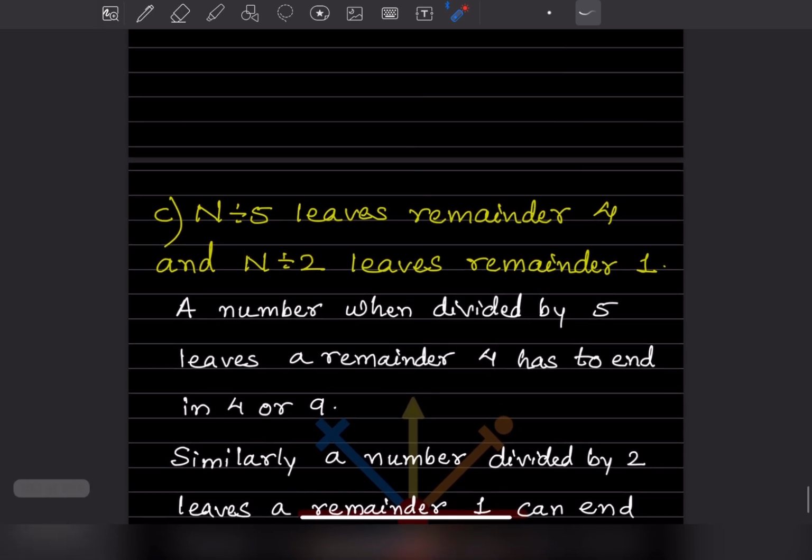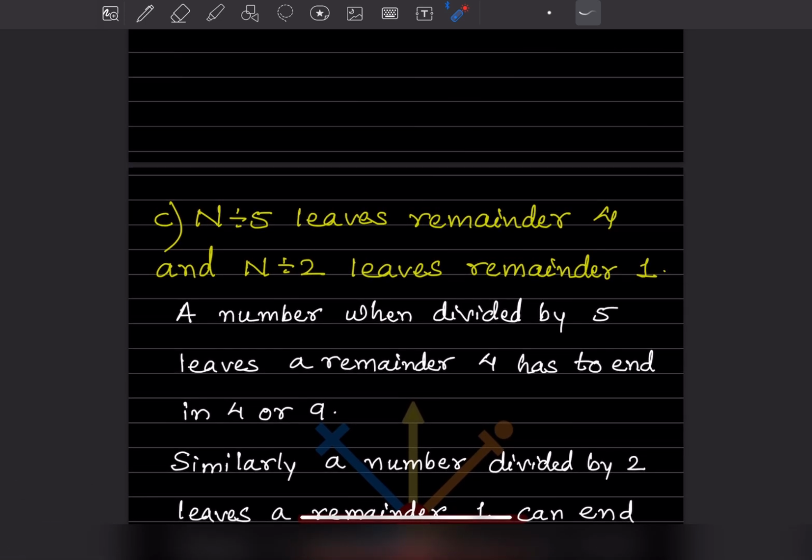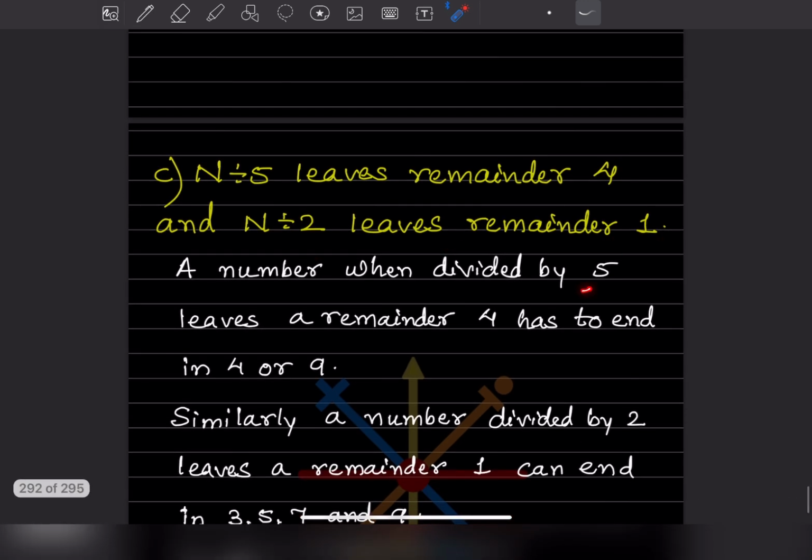So n divided by 5 leaves remainder 4, and n divided by 2 leaves remainder 1. So a number which when divided by 5 leaves a remainder 4 has to end with what? Either 4 or 9. So suppose we are writing 54, or you take 64.